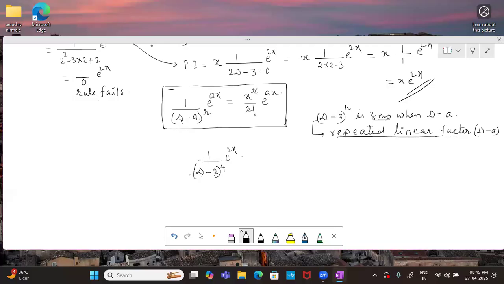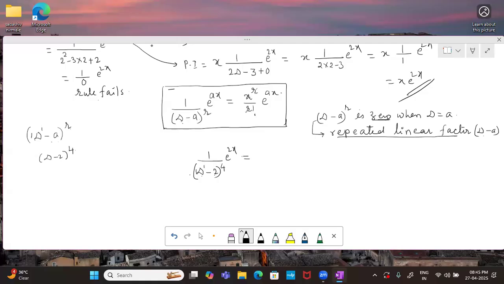Why is it linear? Power of D is 1, multiple of D is also 1. So D minus a with power 1 and multiple 1 is called linear. And if the power is r, it is an r times repeated linear factor. D minus 2 raised to 4 is a 4 times repeated linear factor, D minus 2.